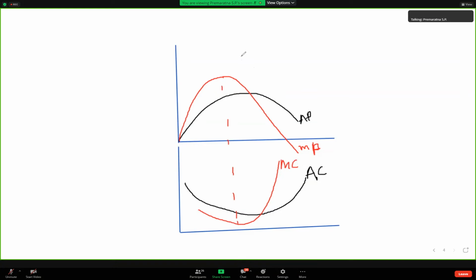Now, what I tried to say, you might remember, we identify 3 stages of production on the production side. In the second stage, the producers take the decision.